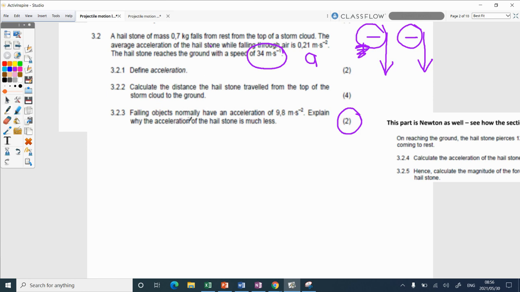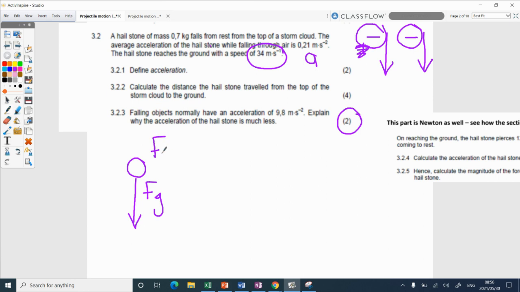So if we have a falling object, normally, for this 9.8, what is true? If it's falling... Gravitation and acceleration is increasing. Good. It's the only force that acts on it, is Fg. There's no upward force.